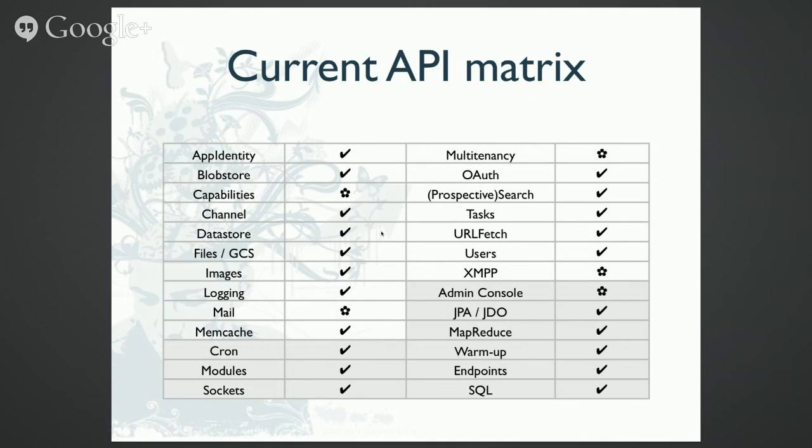For example, if you look into the XMPP, of course, we don't have GTalk in the back, so we cannot do full GTalk integration with the XMPP API. But of course, you could set up your own XMPP server and connect to it and so on. So the pieces are there, but it's never going to be GTalk. And for example, the admin console, we don't have as many things that you can do.